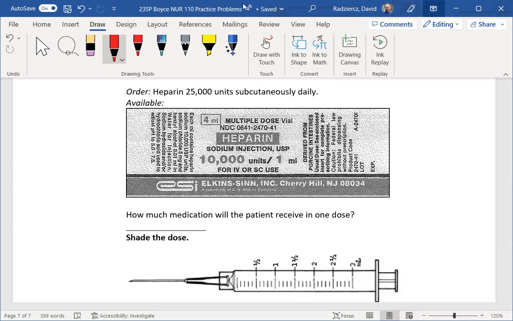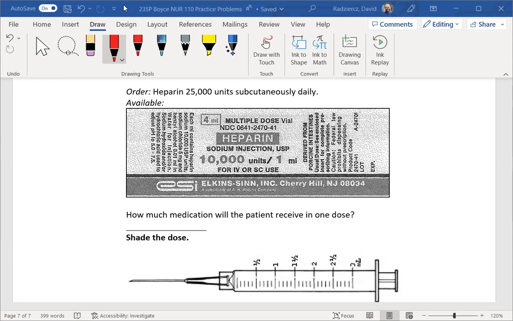Okay, so we're moving into the next type of dosage problem. If you go back and look at the blueprint, what I'm talking about now are what are referred to as the parenteral medications. These are your subcutaneous and intramuscular routes.